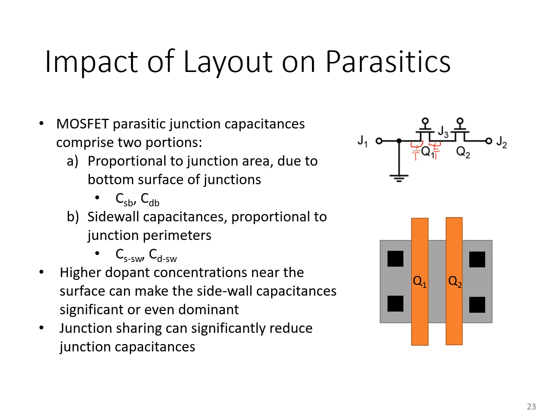Since those arise because of the reverse bias PN junctions on the bottoms of the source and drain regions, they depend on the area of those source and drain regions when looked at from above.